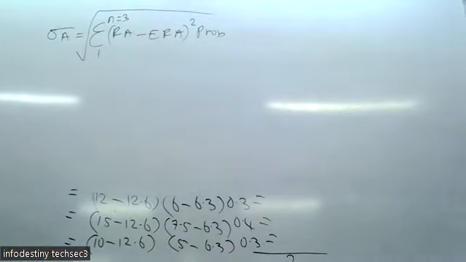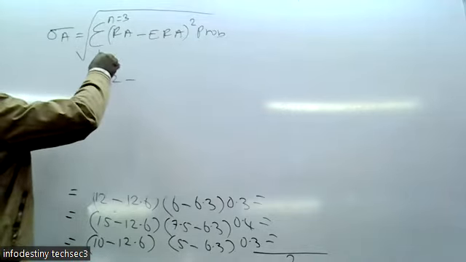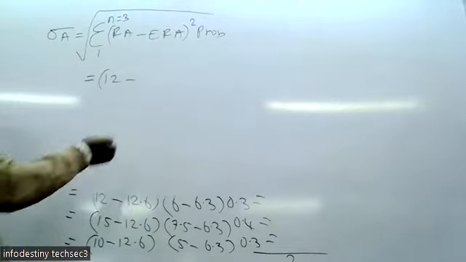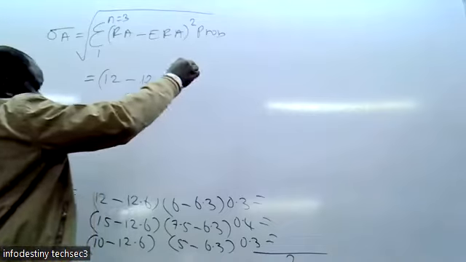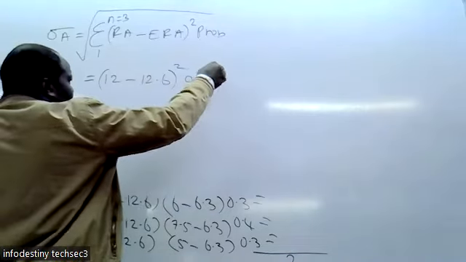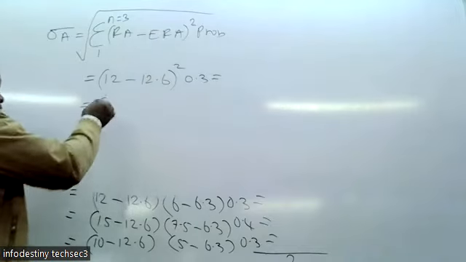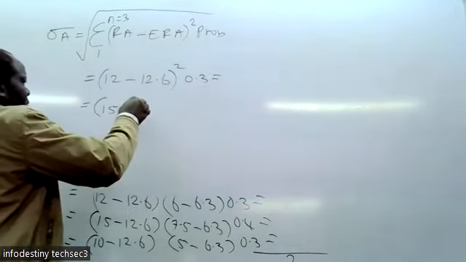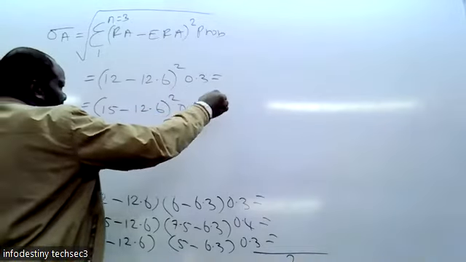The first return for A is 12, minus the expected return, which is 12.6, you square it. The probability is 0.3. The second return for A is 15, minus 12.6, you square, 0.4.